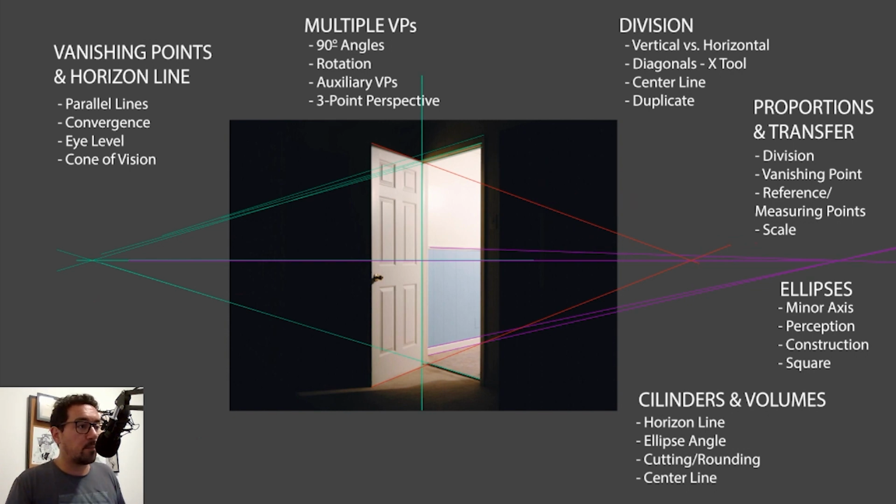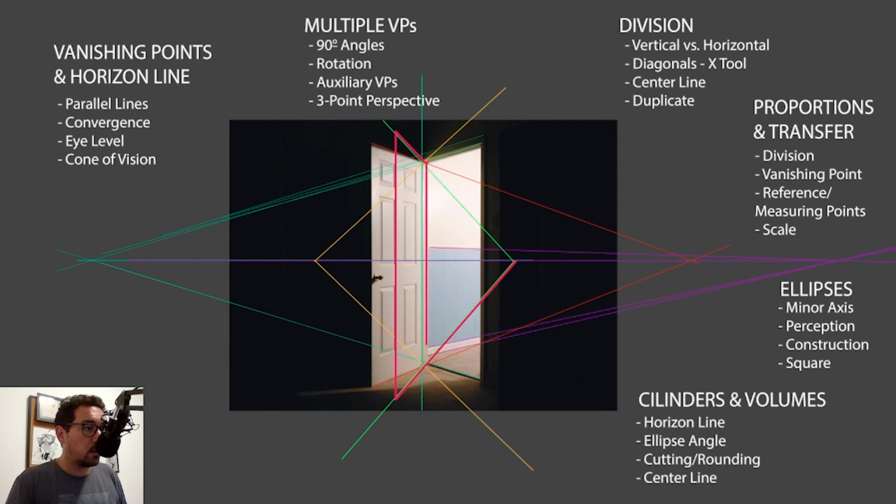The same will happen if it keeps rotating, and I've done two exercises here. So if the door goes to this point, and we have the rotation all the way, the door is going to be here.